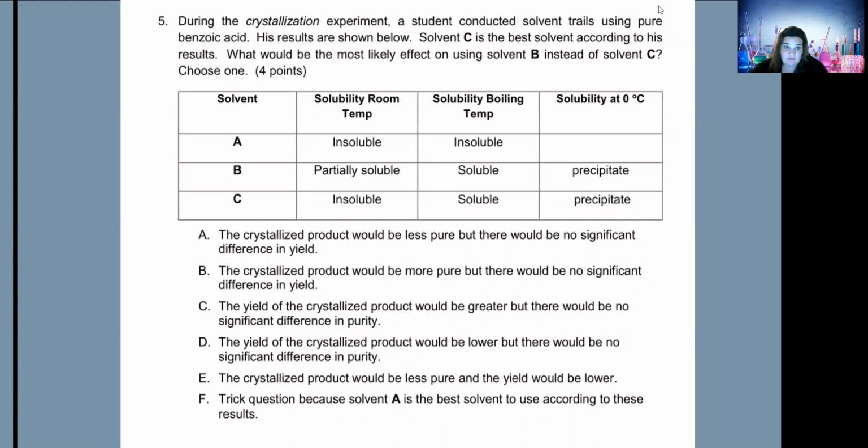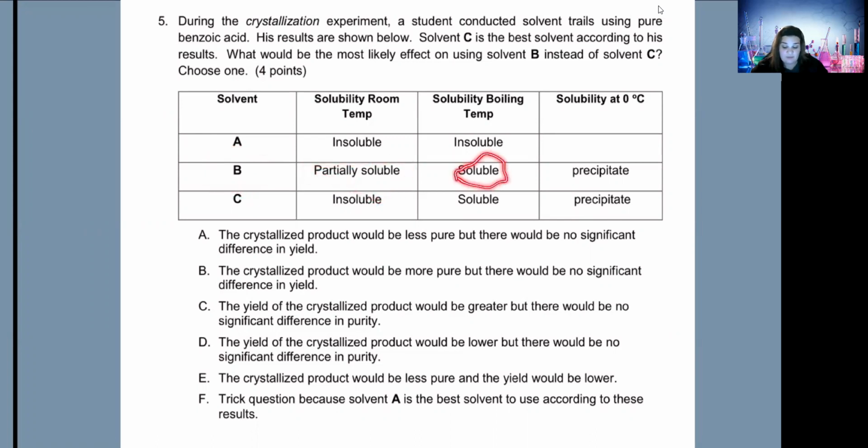So let's see what we got. Solvent A: insoluble at room temp, insoluble at boiling. So obviously a wrong choice. A is definitely awful. Now, I know they tell us this already, but going through the info for yourself makes sense in your head and helps you understand the question a bit better. B is partially soluble at room temp.